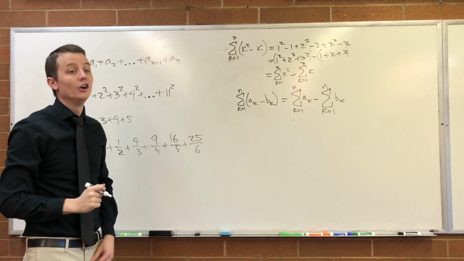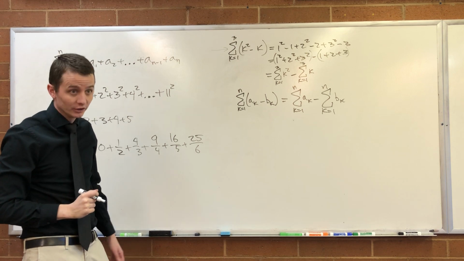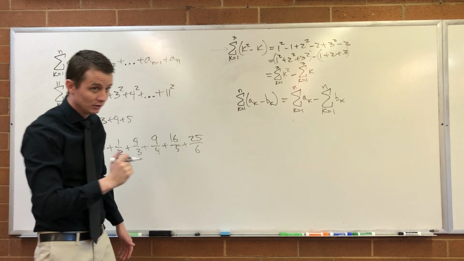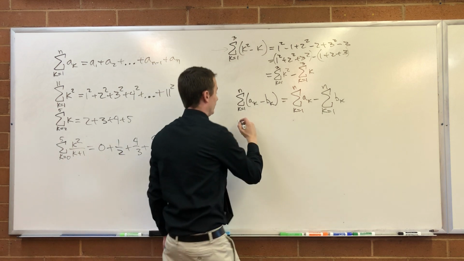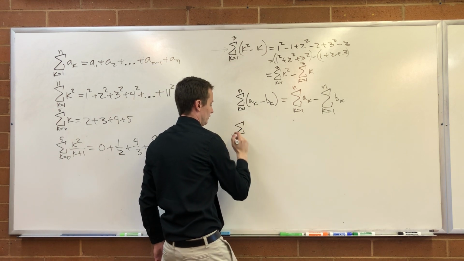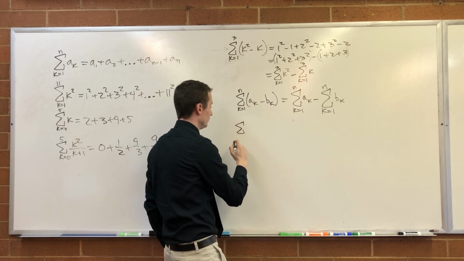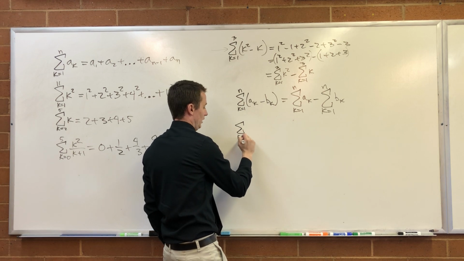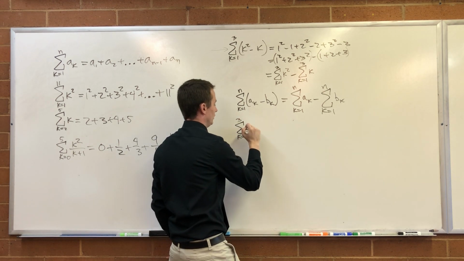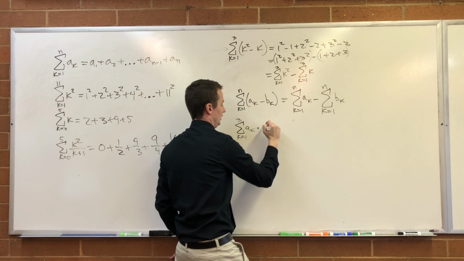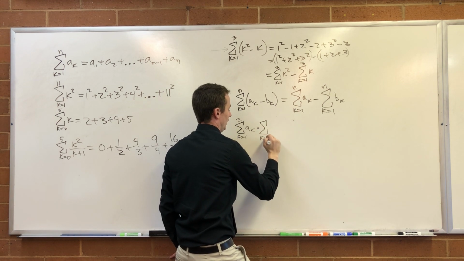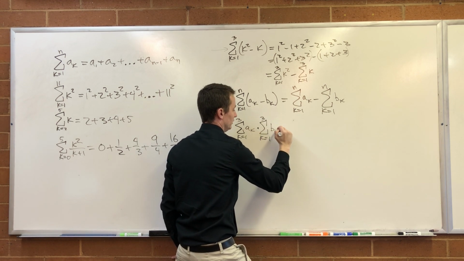No. Multiplying sums gets really, really hairy. Think about if I do this product, the sum k equals 1 to 3 of a sub k times the sum of k equals 1 to 3 of b sub k.